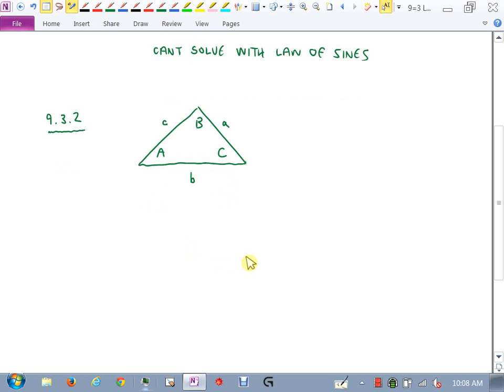The law of cosines says, a squared must be equal to b squared plus c squared minus 2bc times cosine capital A.